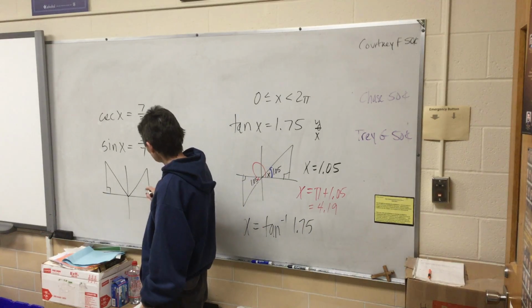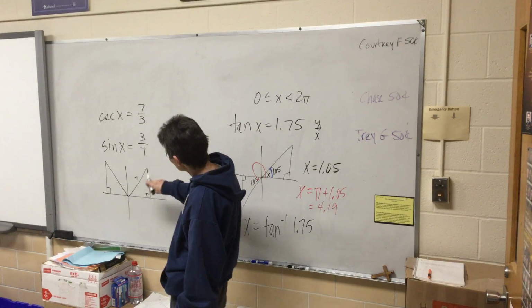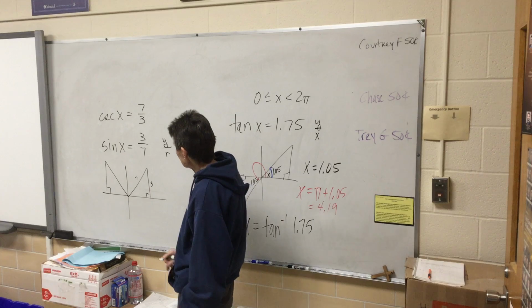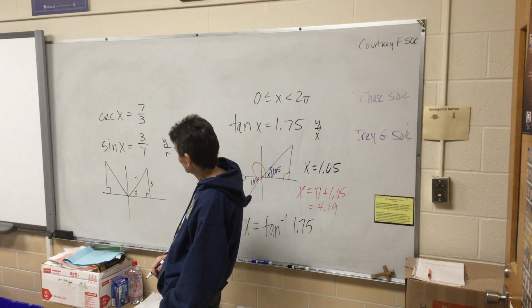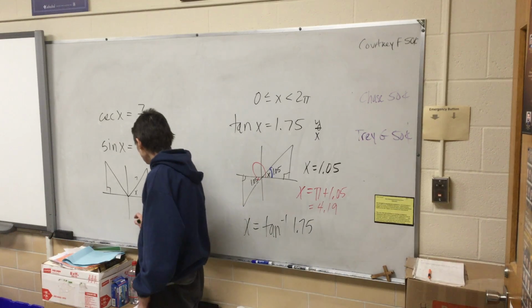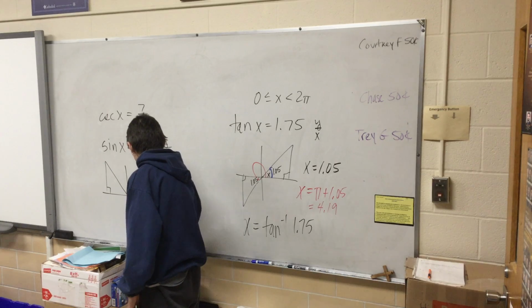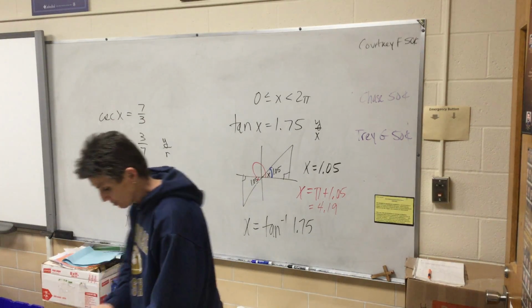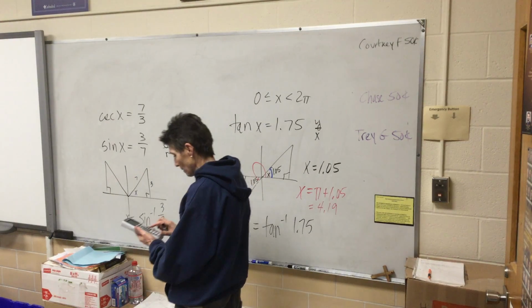Now, you can go ahead and label this just like before, but there's no point in that. This is not going to be a special angle. And so to find the angle, which is what I'm looking for, I'm going to do second sine 3/7. Anytime I need the angle, I'll use my inverse sine or my second sine button.